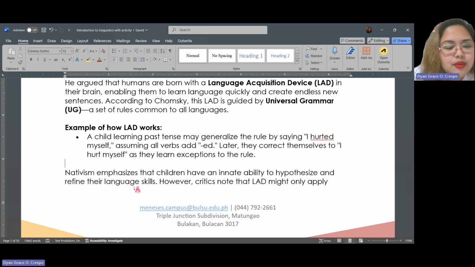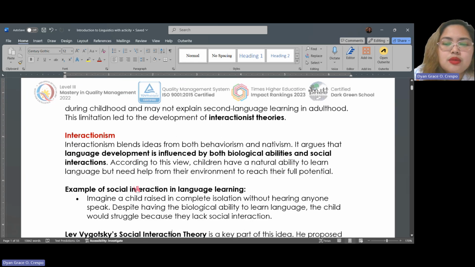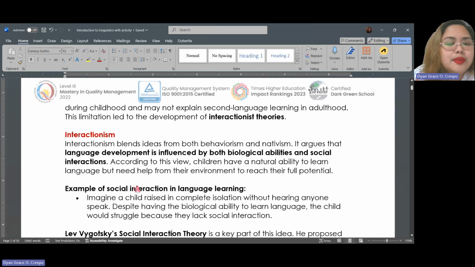And that paved the way for the interactionist. Interactionism blends ideas from both behaviorism and nativism. It argues that language development is influenced by both biological abilities and social interactions. According to this view, children have a natural ability to learn language but need the help of the environment to reach their full potential.